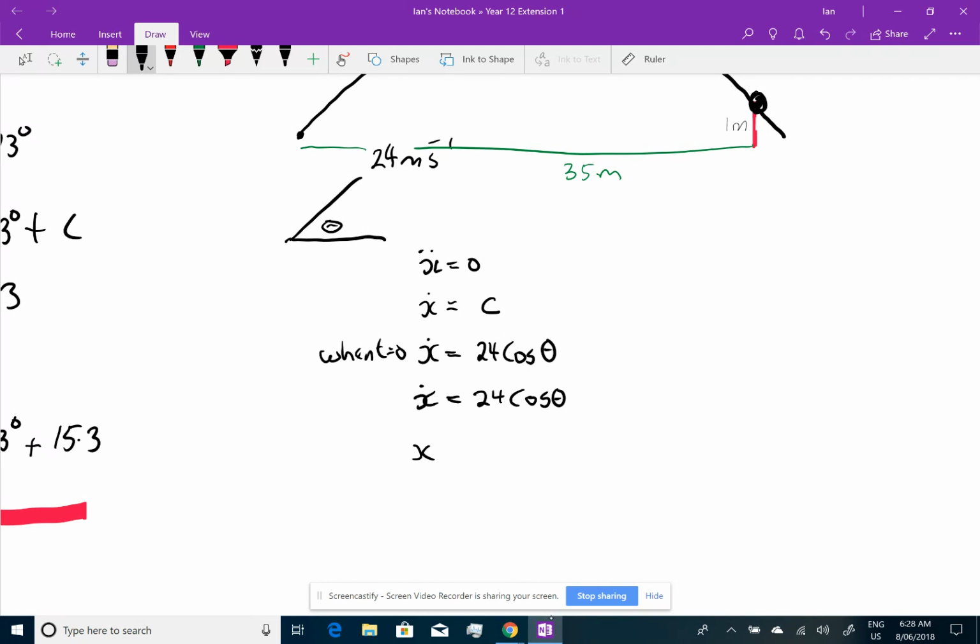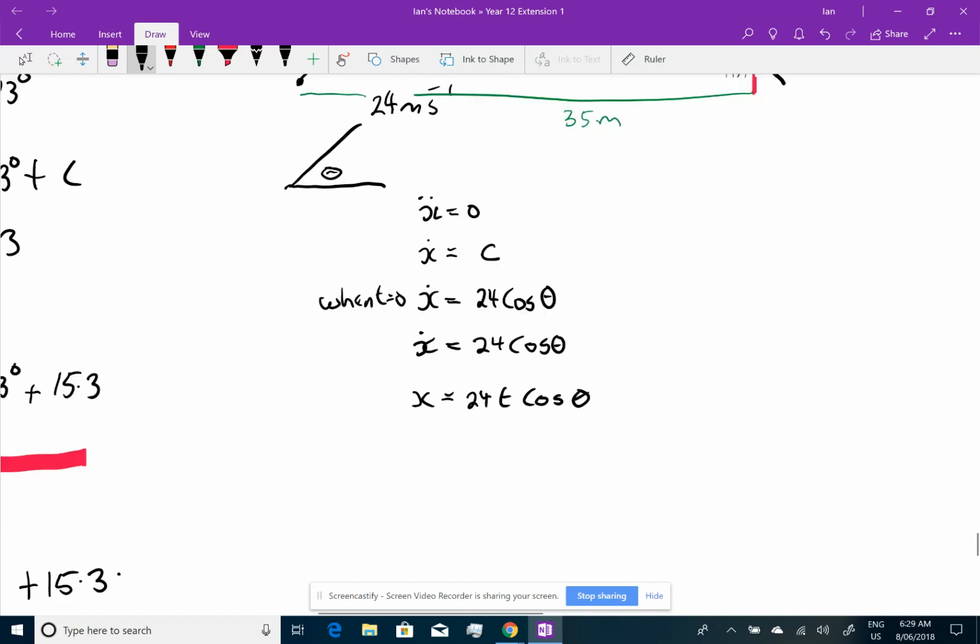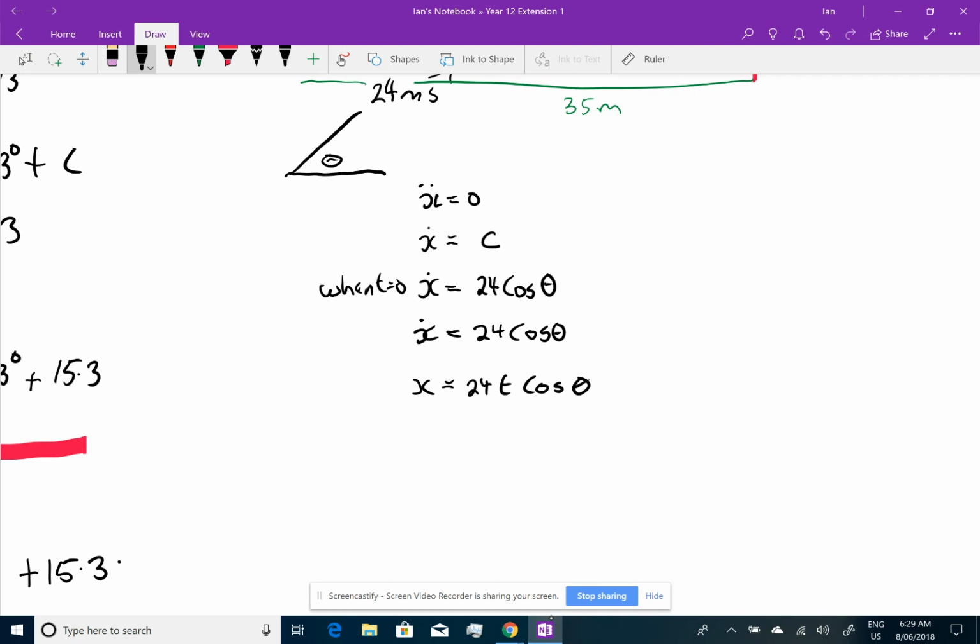Integrate again, x equals 24 t cos theta plus some constant, but we know when t equals 0, x equals 0, therefore c equals 0. Therefore, our displacement is x equals 24 t cos theta.